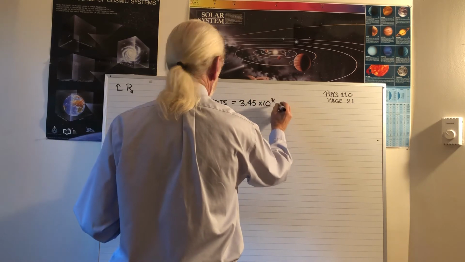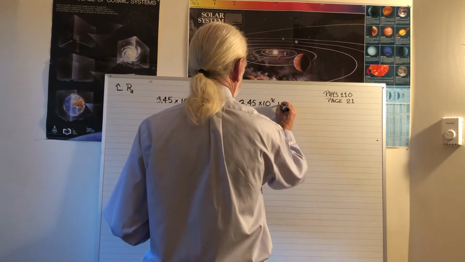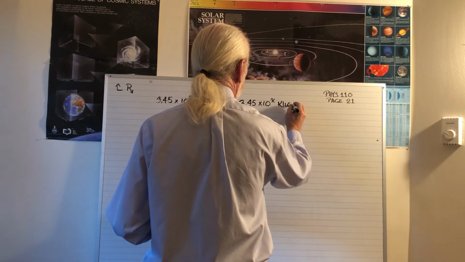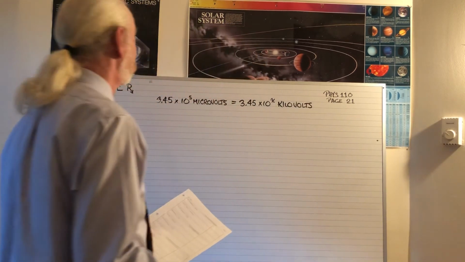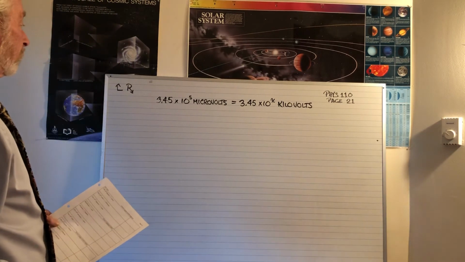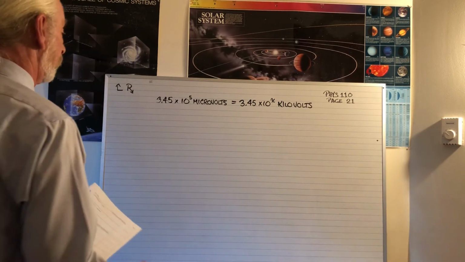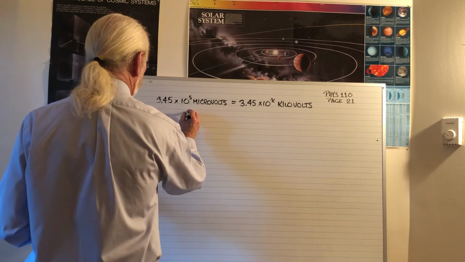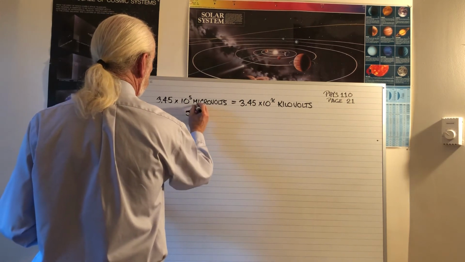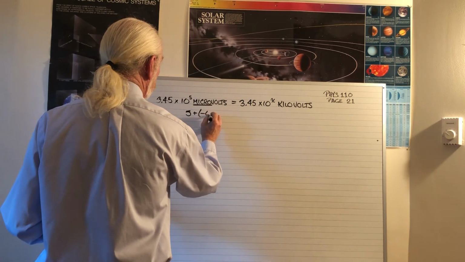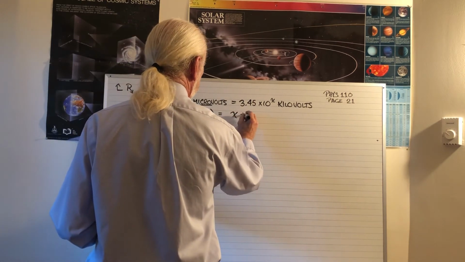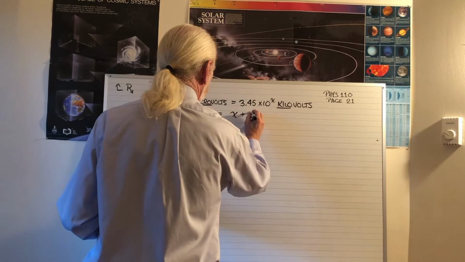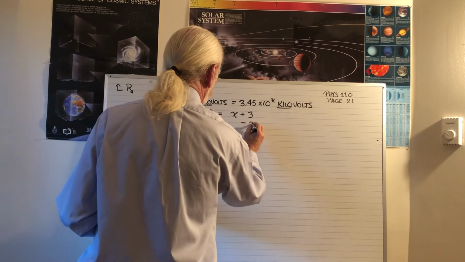Times 10 to the x kilovolts. Okay, just a matter of exponents and prefixes. So it's 5 plus negative 6 equals x plus 3, minus 3 from both sides.